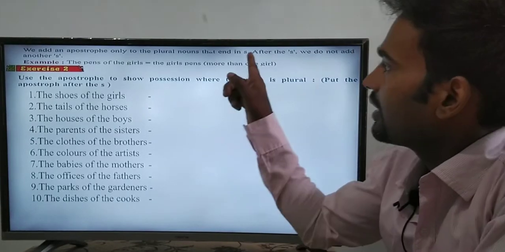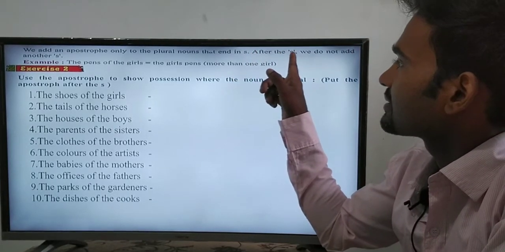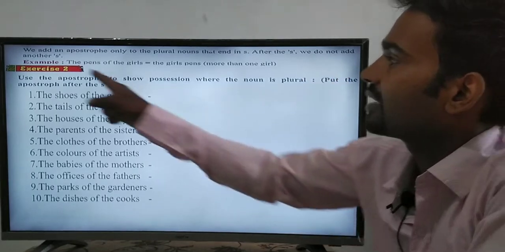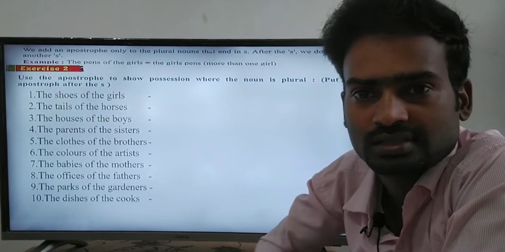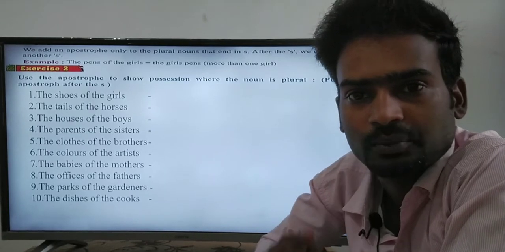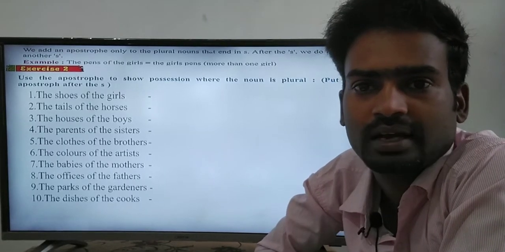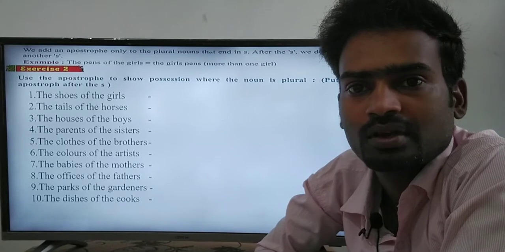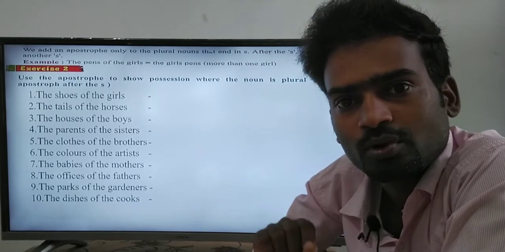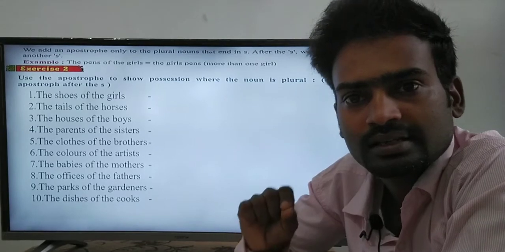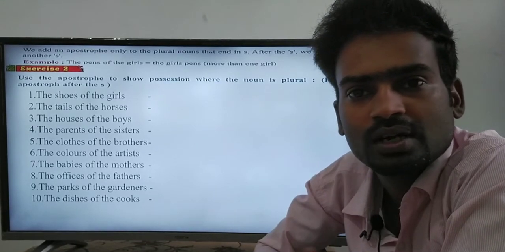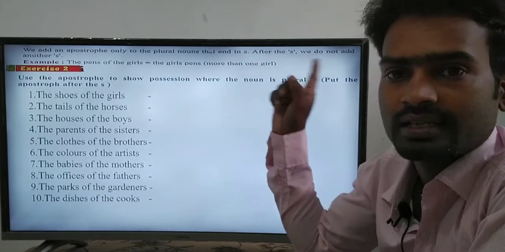Clear? After the s, we do not add another s. In singular form, we added apostrophe and then s. In plural form, the noun already ends in s. If it already ends in s, we should not add another s. That's what they say here.